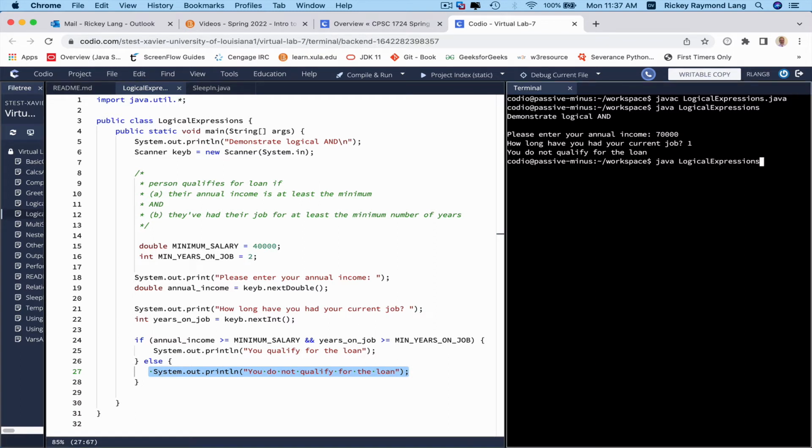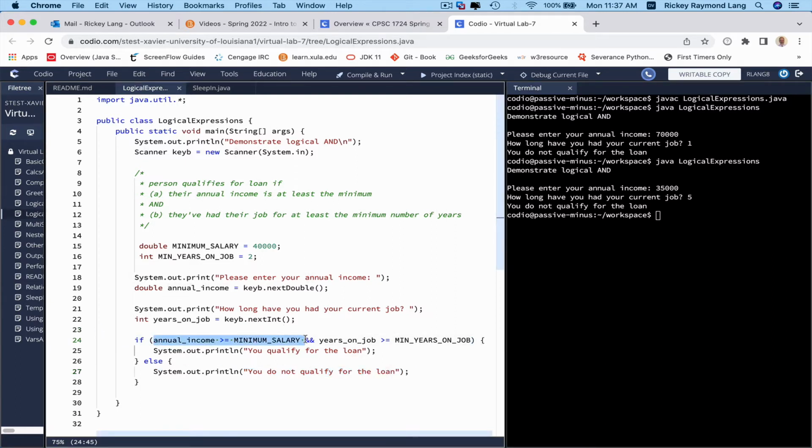Let's try that again. Let's say a low-level entry job, 35,000 a year, but I've had it for 5 years. Here the annual income is not enough. 35,000 is not greater than or equal to 40,000, so this is false.